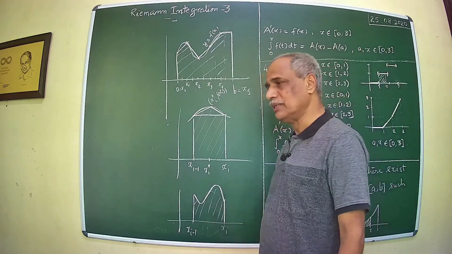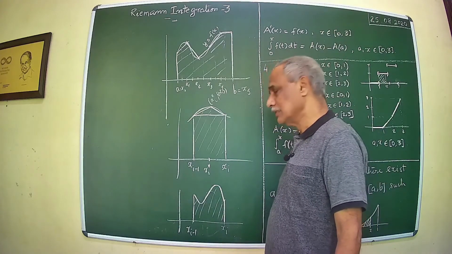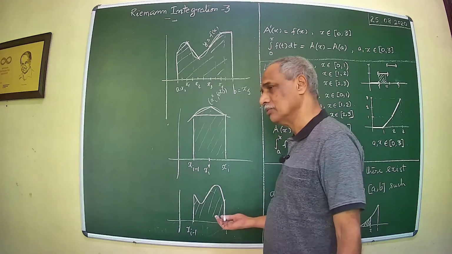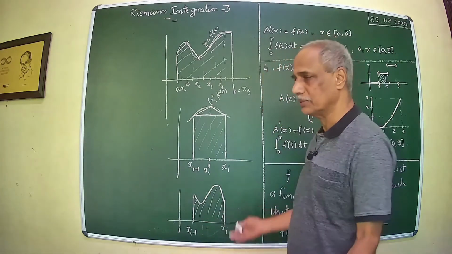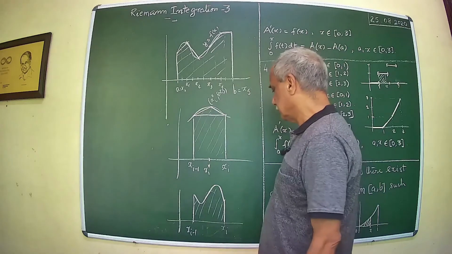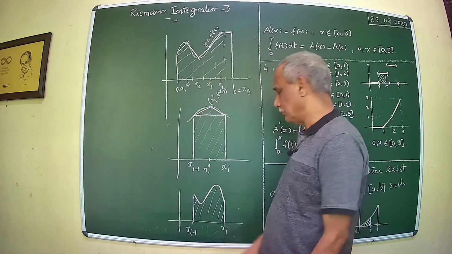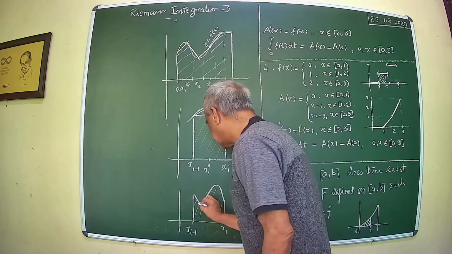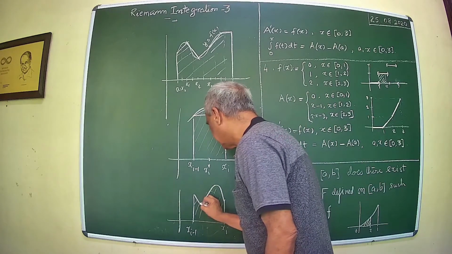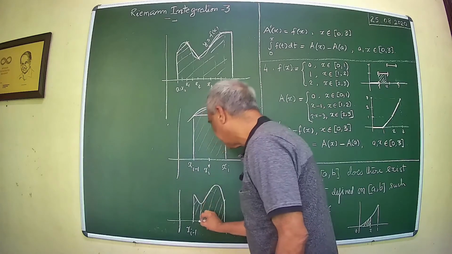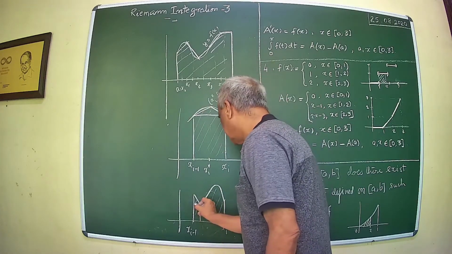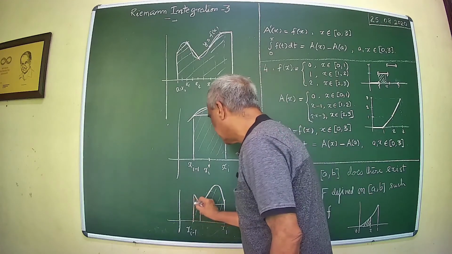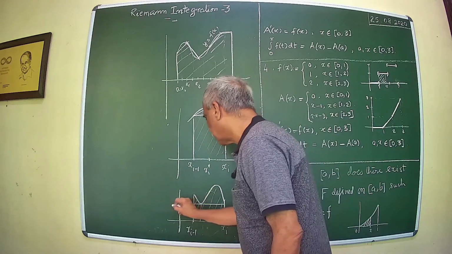It is good enough if you assume f is bounded. Then there exists an infimum at some point. As is clear from the curve, the infimum is attained at this particular point, and the infimum value is given by this. Therefore, let me denote this by small m.